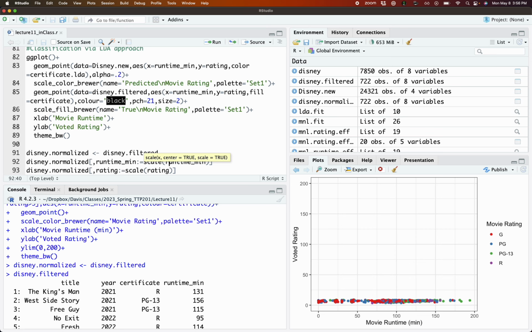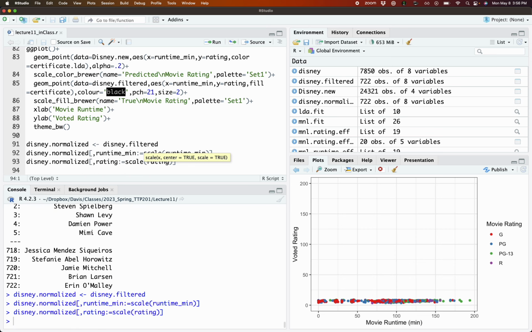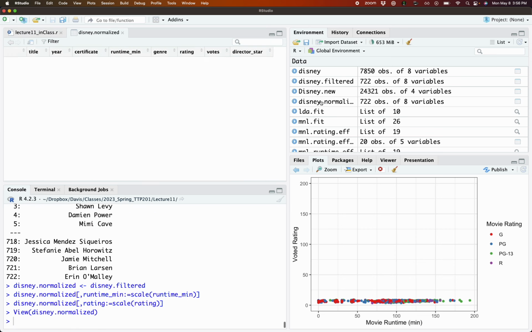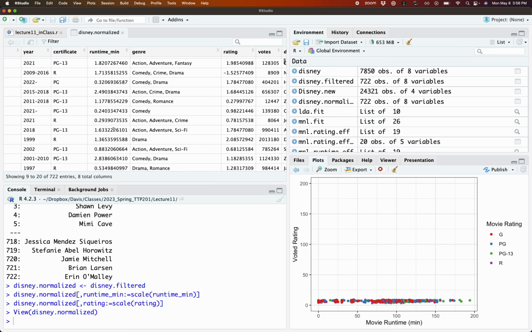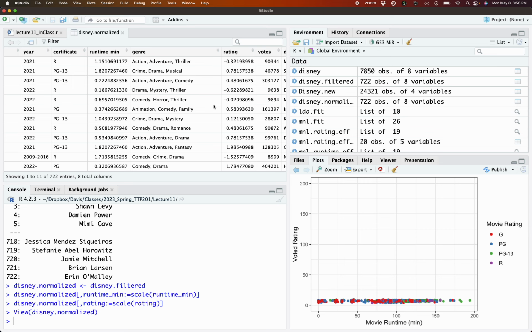Let's run these and take a quick look. Great, so runtime and ratings are normalized.